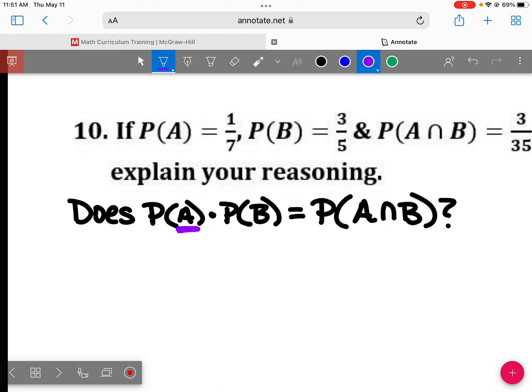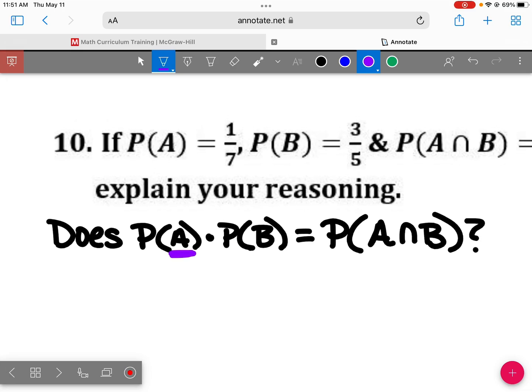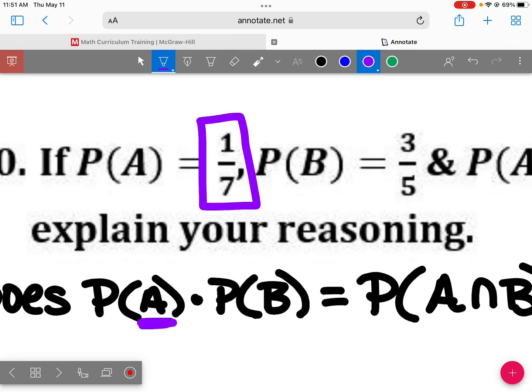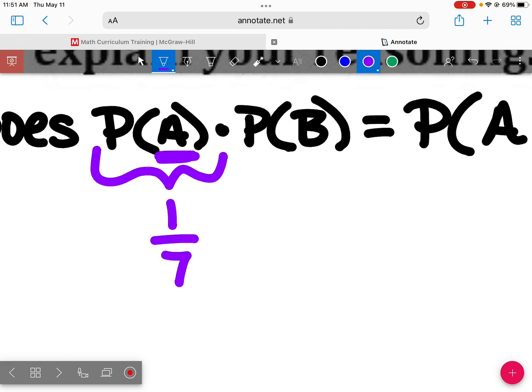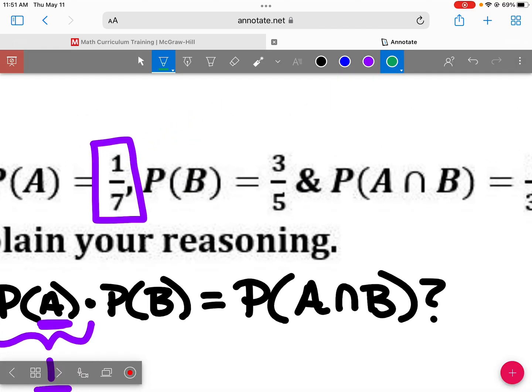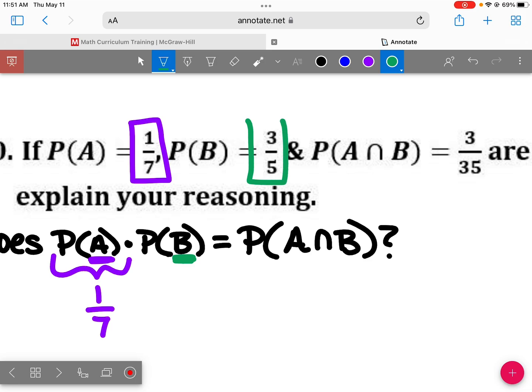What do I know about event A? Yep. Its probability is 1 over 7. So here in the place of this, I'm going to put 1 over 7. What do I know about the probability of event B? 3 over 5.